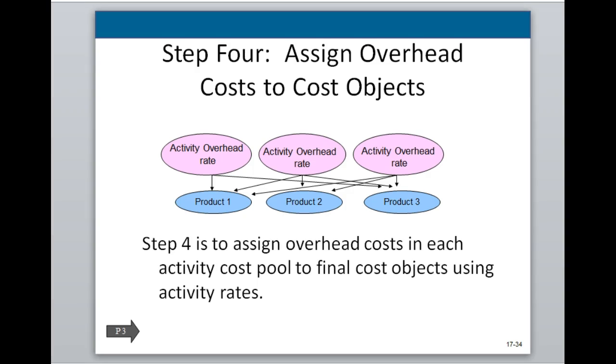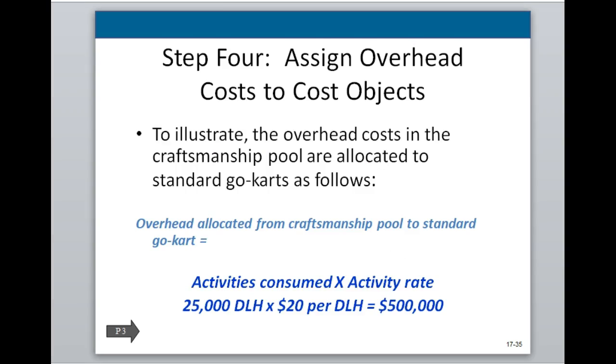And here is another one of their graphs that shows how you're going to apply all of these to each one of the products as they're laid out. And then step 4 is to assign the overhead costs to the cost objects, which means we're going to assign the cost to the product, okay?